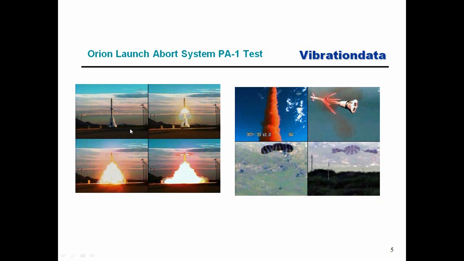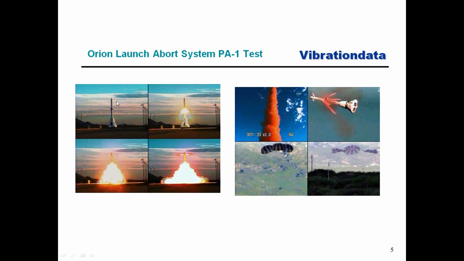But anyways, there's a concern that during liftoff, or even before liftoff, or soon after liftoff, some emergency might happen. And if some emergency happens, then we want to have a way for the spacecraft to be removed from the launch vehicle and then pulled away to a safe distance by this launch abort motor.